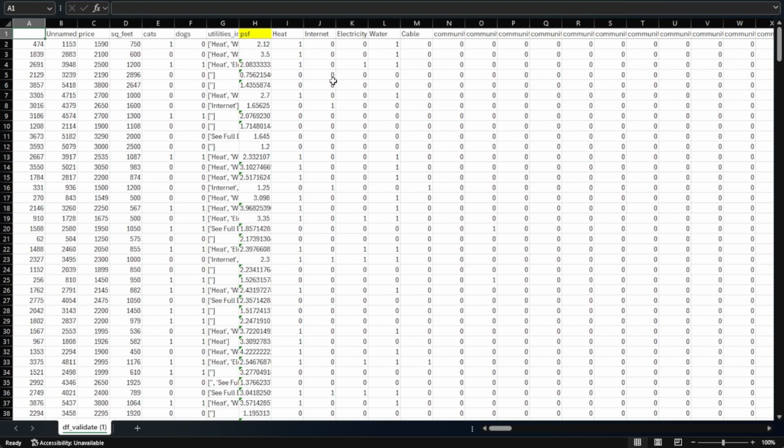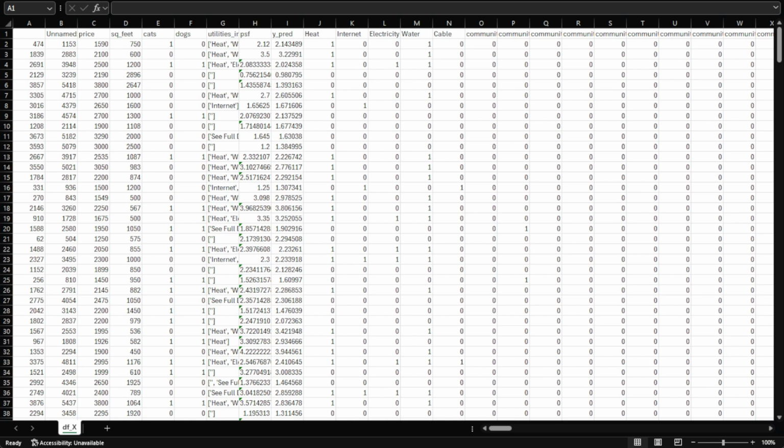Ah, where is it? Okay, folks, so you'll notice this is dfx, not dfvalidate. I had the wrong file open, so whatever. The other one didn't have the predictions attached to it. So here's the predictions and here's the actuals, okay?